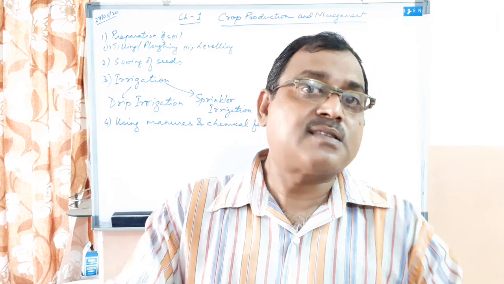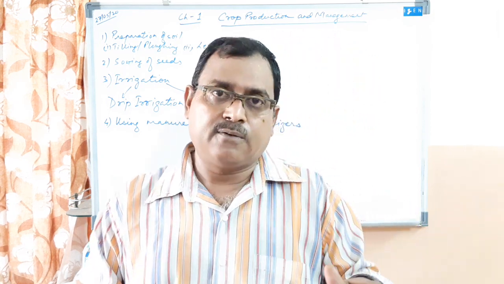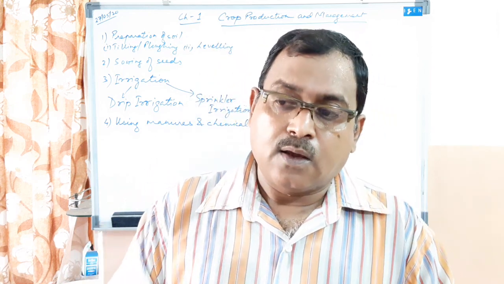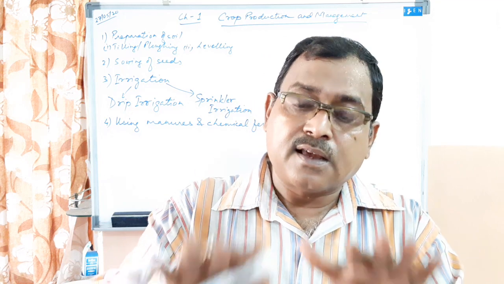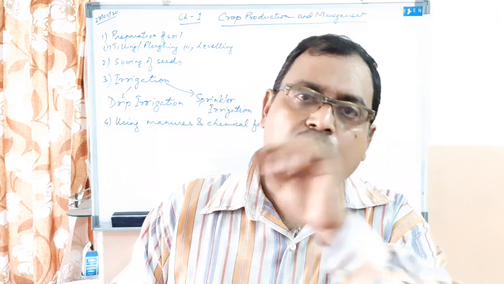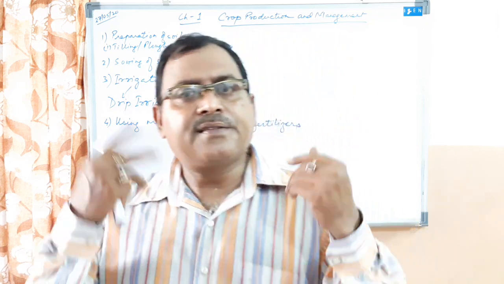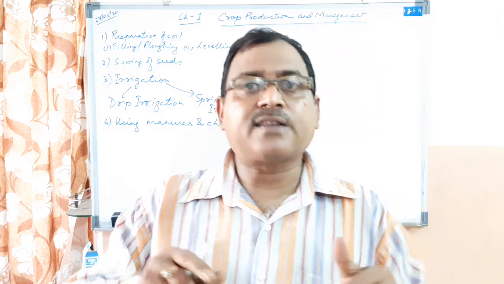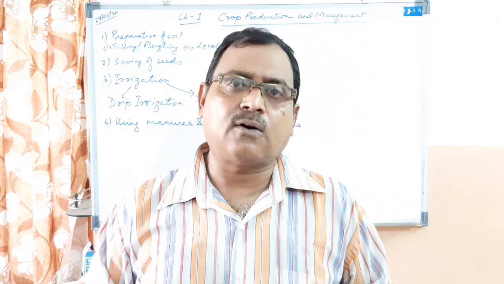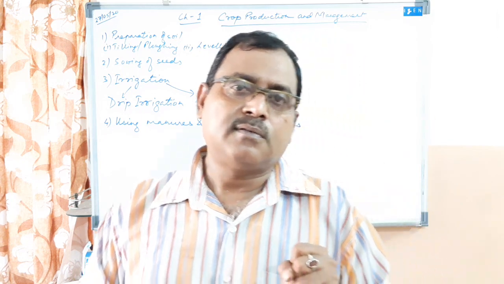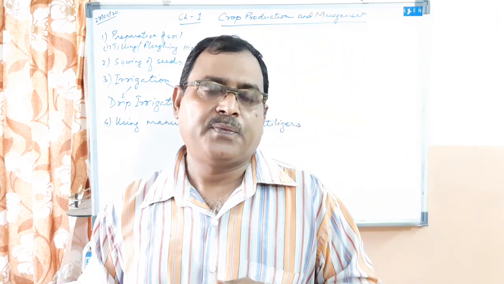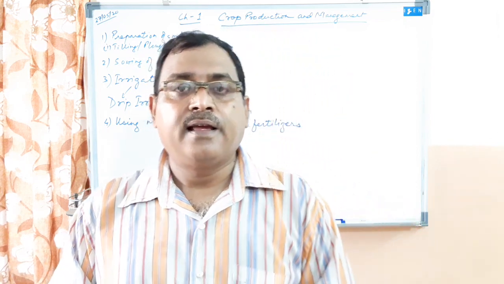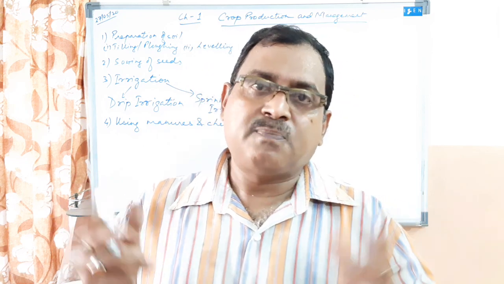After the pit gets filled with this decomposing material, these organic substances, it is covered with big leaves, and then a very thin layer of soil or mud is applied. It is left there for 1.5 to 3 months. After that, it is again dug out. As it is dug out, a blackish brown decomposing material comes out. Then this is spread all across the field. Okay? And then plowing is done.